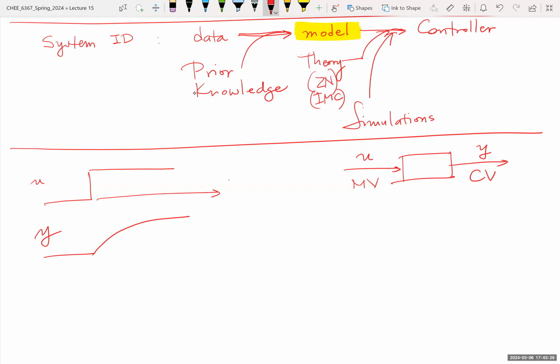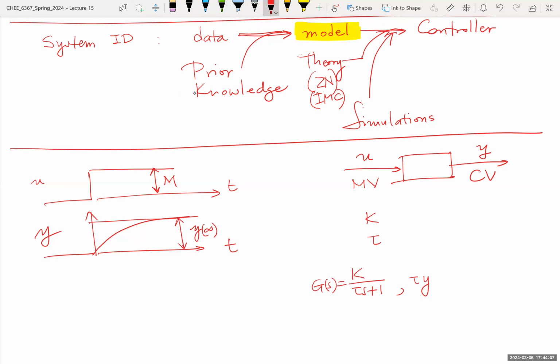You know, if this is time, you know the nature of the response, so you can quickly say if this change was of magnitude m, and this final value is y at infinity, you know that the model, which is going to have a steady state gain K and a time constant tau, can be represented either in the Laplace domain as a G of s or P of s, or in the time domain as a differential equation. In fact, these are equivalent.